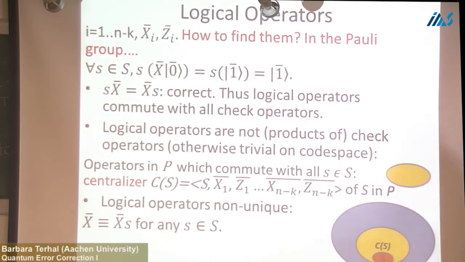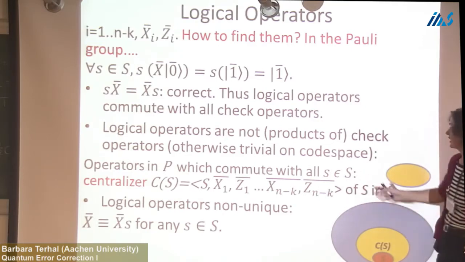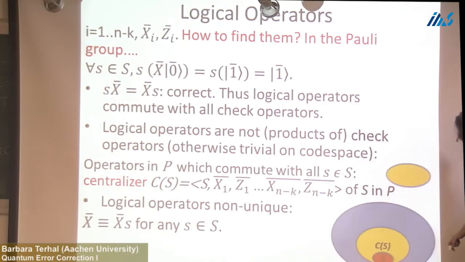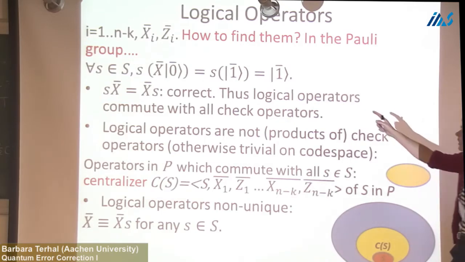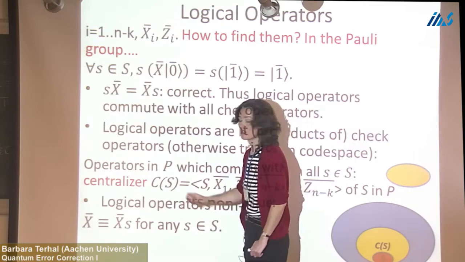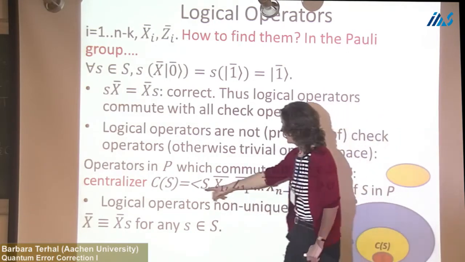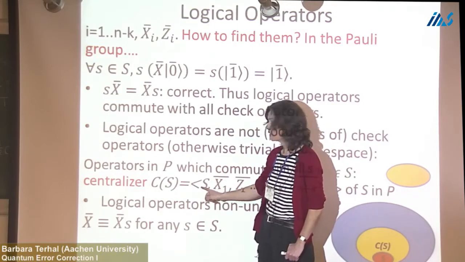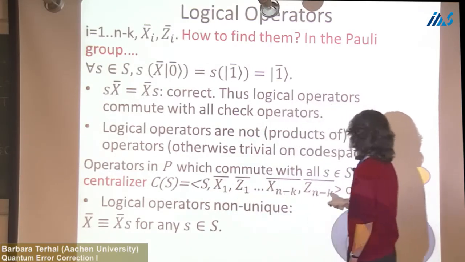So they are in the centralizer of S in P. What is that structure? By definition, the centralizer of S in P is all the elements in P that commute with all the elements in S. And the fact that there exist such elements is guaranteed by our dimensional estimate. If the code space is one-dimensional, then S coincides with C of S. So we can write the centralizer of S: everything in P that commutes with everything in S. That includes S itself, and then it has these logical operators.